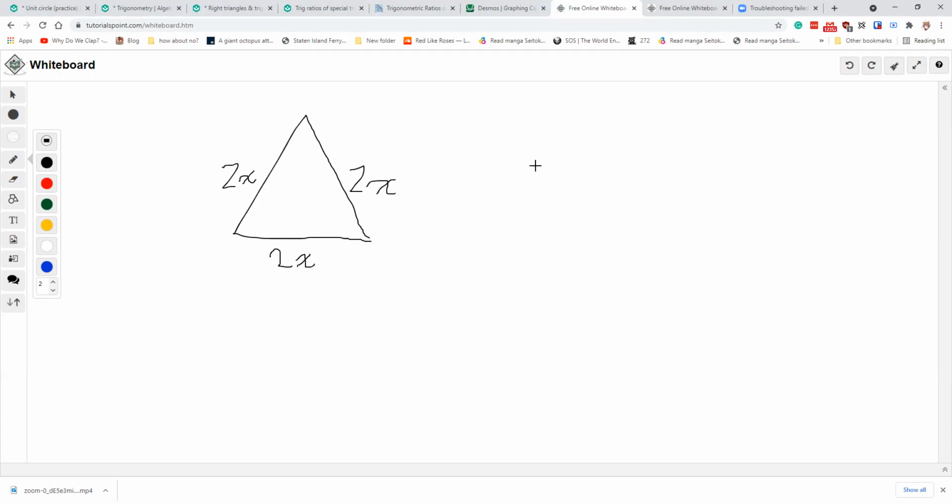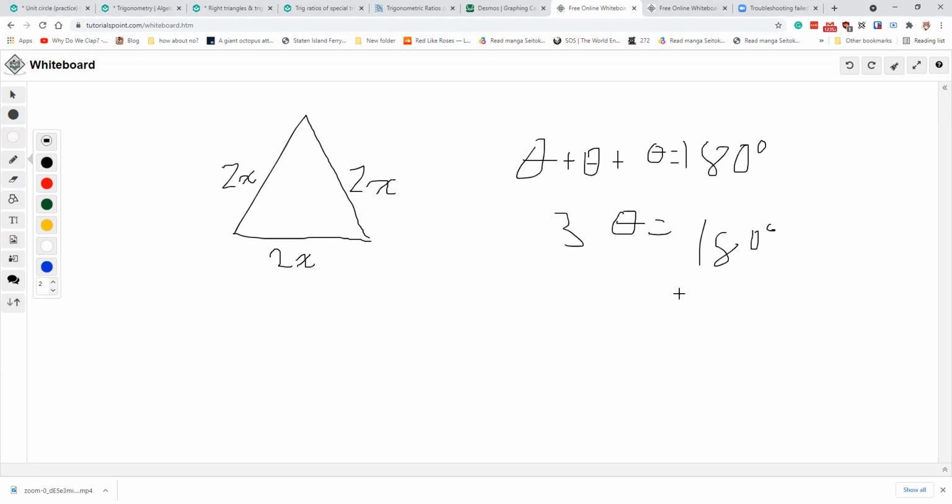So if each of the angles is theta, that means theta plus theta plus theta is equal to 180 degrees, and therefore 3 theta is equal to 180 degrees. We can divide both sides by 3 to get that theta is equal to 60 degrees.